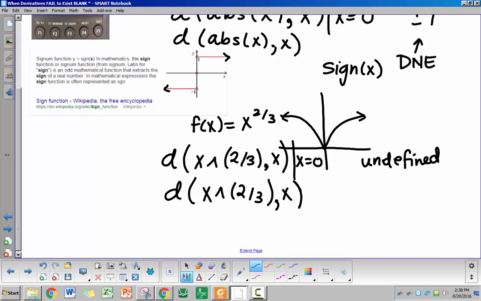Does the calculator perform the power rule for you? What did it say? 2 over 3 times x to the 1/3. So the calculator gives you the derivative. That's pretty cool, isn't it?